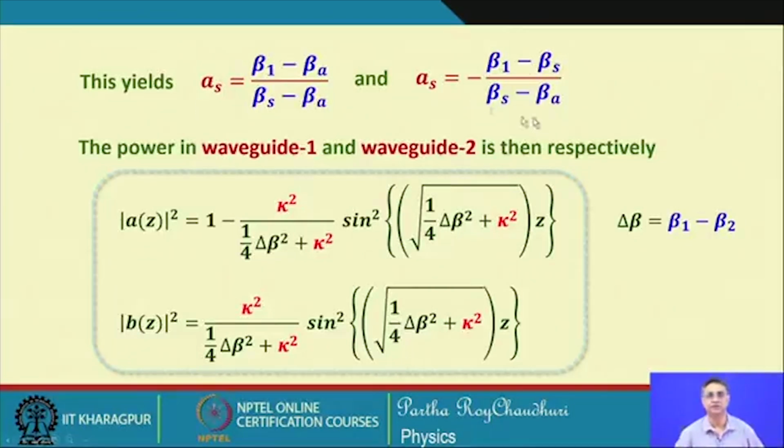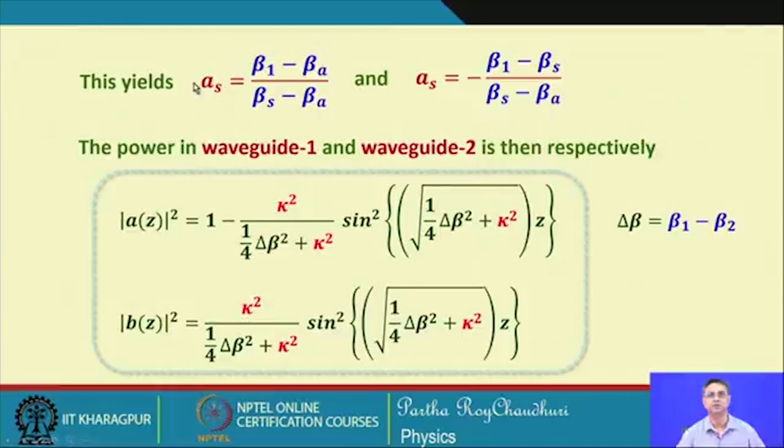Knowing these, we can now put them back into the A z and B z equations which we have assumed. Then the power, which is the square of the amplitude in the first waveguide, can be represented by this equation. This is the power transfer equation, and B z square, the power in the second waveguide, can be represented by this equation.